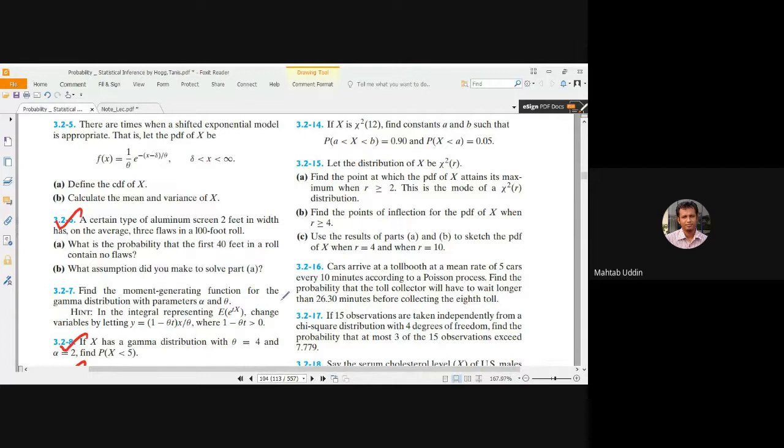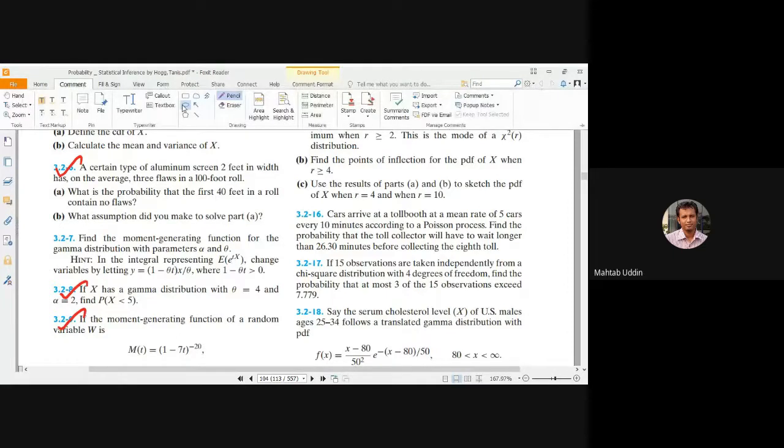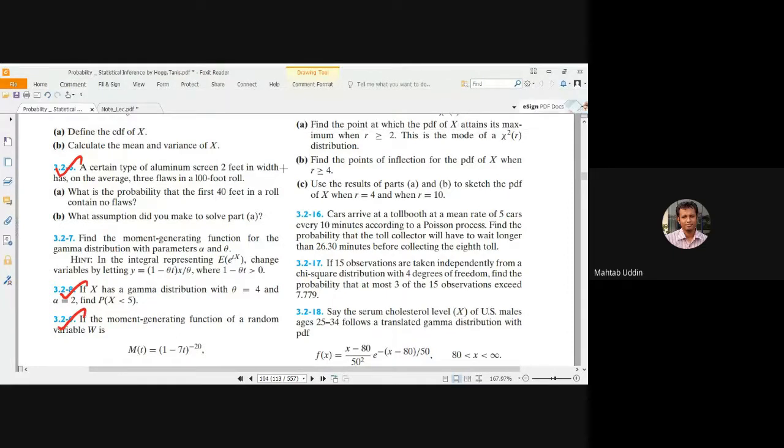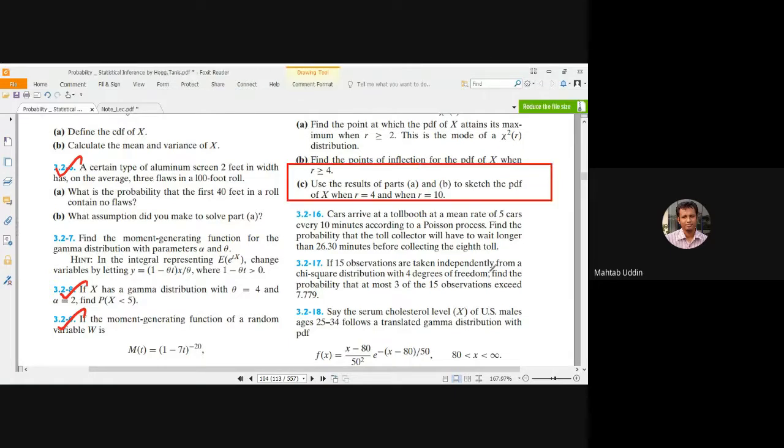Look at this. It is saying a certain type of aluminum screen, 2 feet in width, has on average 3 flaws in a 100 feet roll. That is, there is an aluminum screen like this. It is saying that its width is 2 feet.